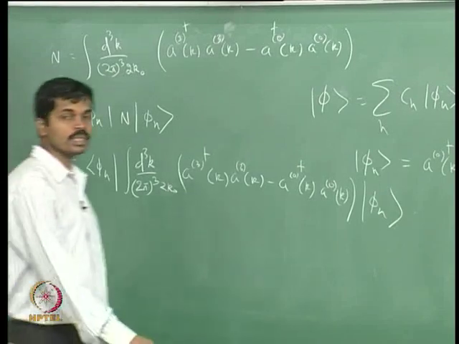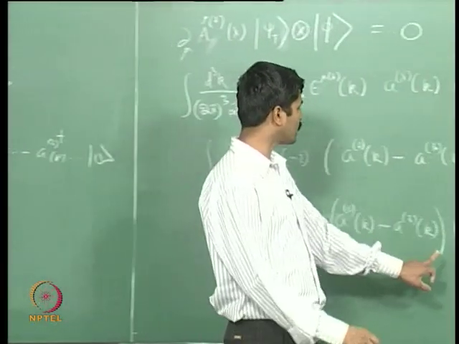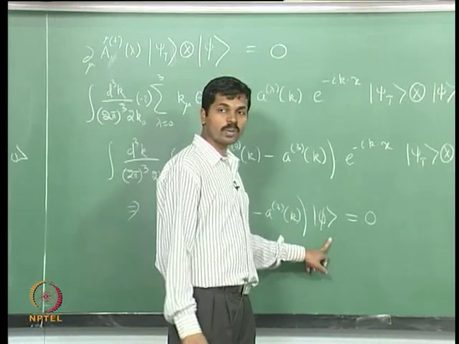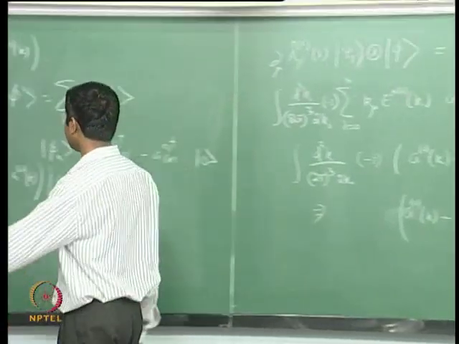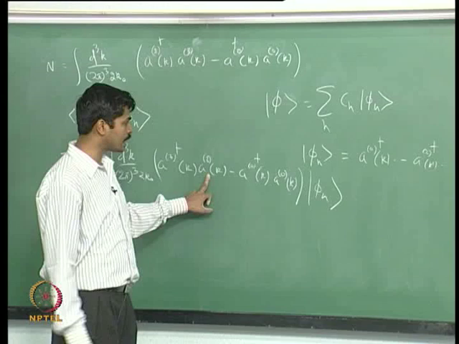But now this phi n satisfies this condition that a0 acting on phi n is equal to a3 acting on phi n. So, I can use that relation.